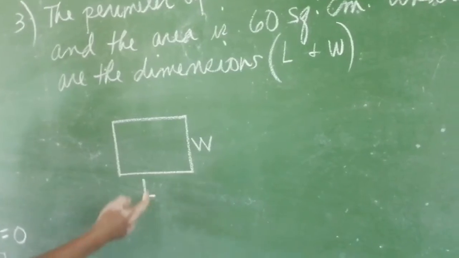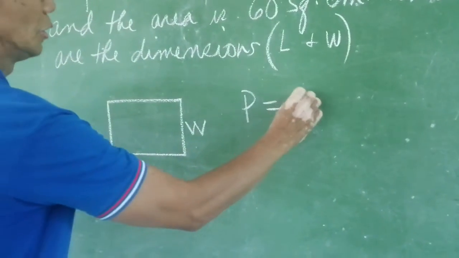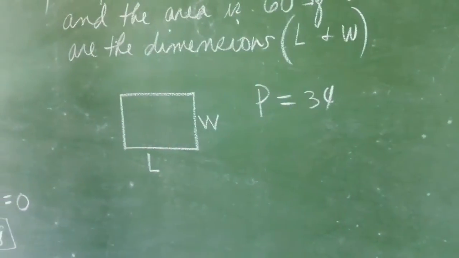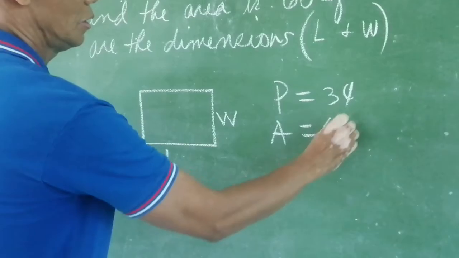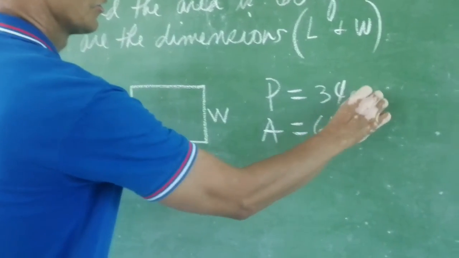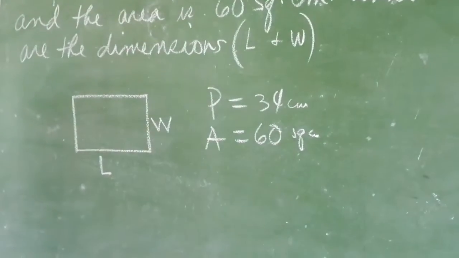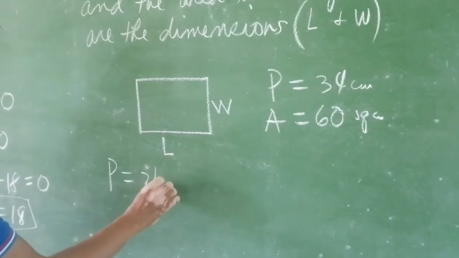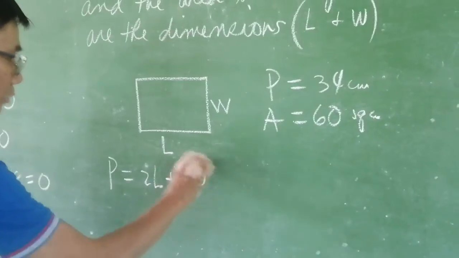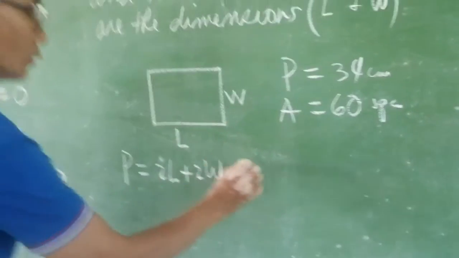We don't know, but the perimeter is given to be 34 and the area is given to be 60 square centimeter. Okay, so we know that the perimeter is equal to 2L plus 2W, and that will be equated to 34.